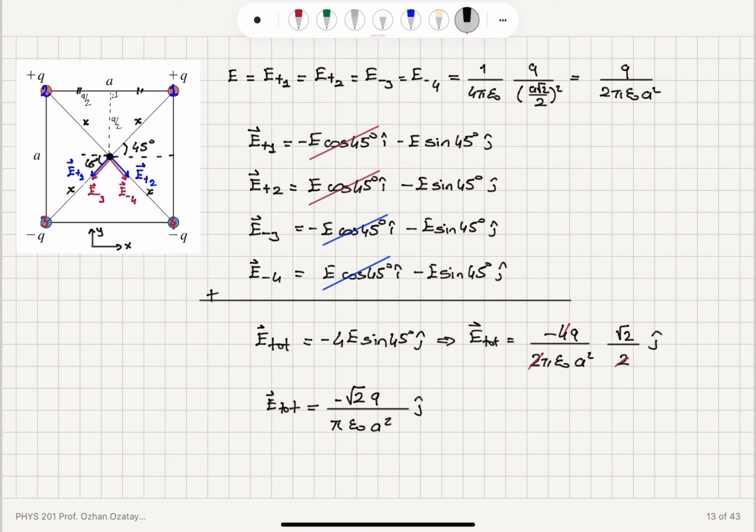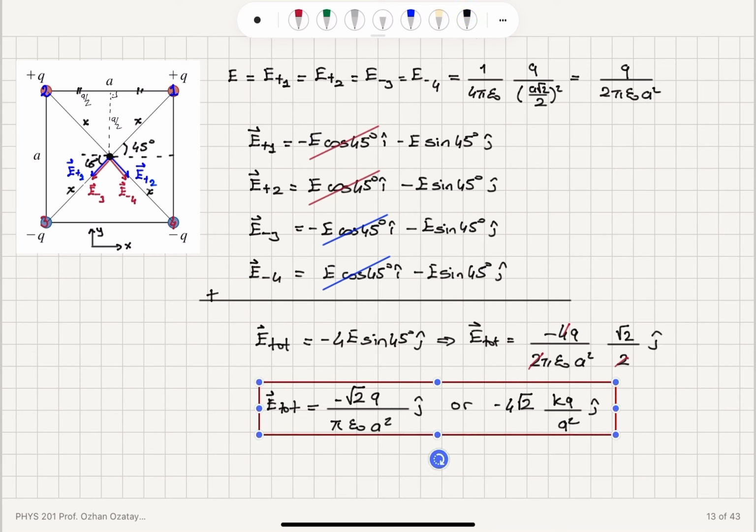or I can write it in terms of Coulomb's constant K, if I multiply top and bottom with 4, it is minus 4 square root 2 KQ over a square j hat. All right.